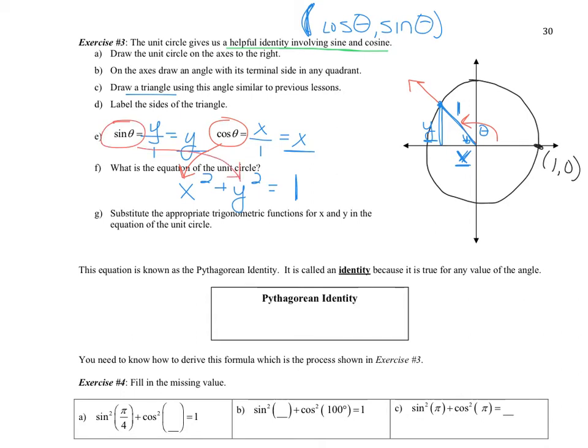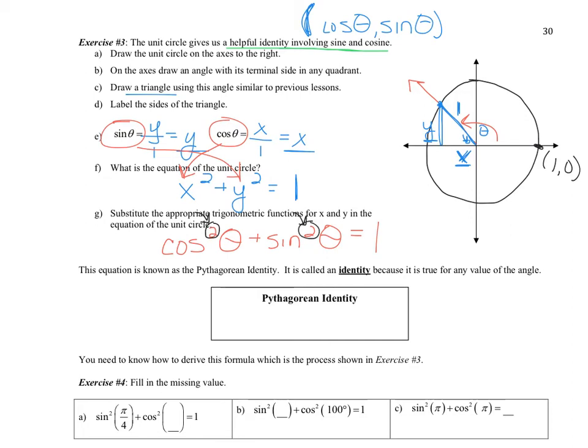We're substituting the appropriate trigonometric functions for x and y in the equation of the unit circle. So this gives me cosine squared theta plus sine squared theta equals 1. Now you'll notice you write the squared in a weird spot. I'm substituting cosine theta for x, but it's just a notation thing: you write the squared in between the function and the angle.